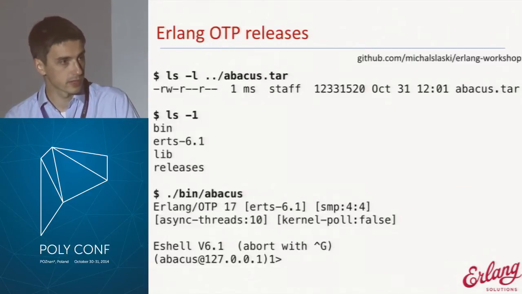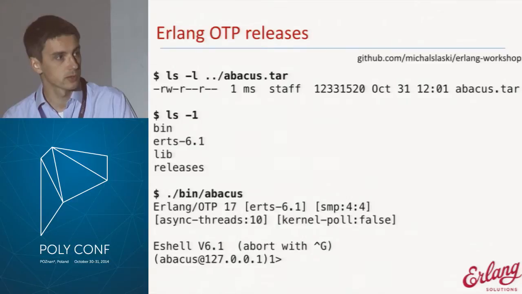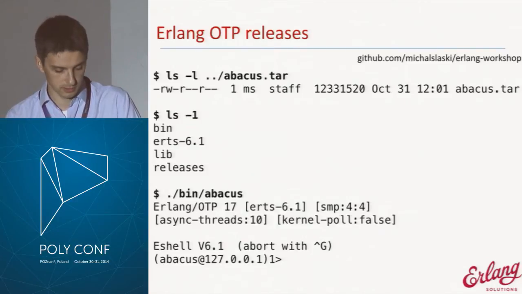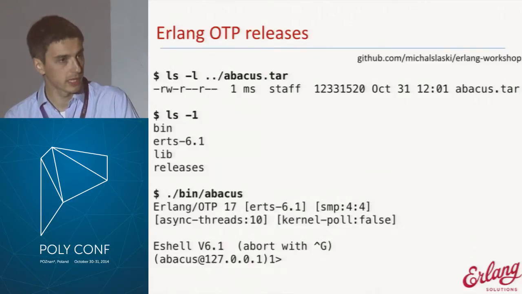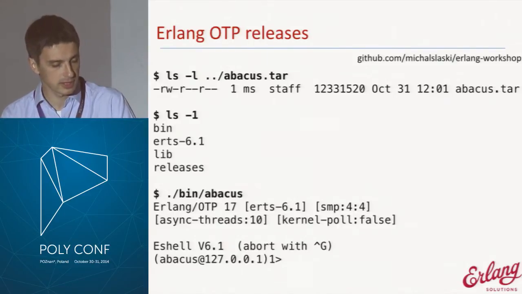For those of you who attended yesterday's Erlang workshop, this is the very last slide we had. For those of you who haven't, I have this Erlang workshop project on my GitHub, if you would like to follow. At the end of this workshop, we got to the point where we were building this tarball, which is a self-contained system.